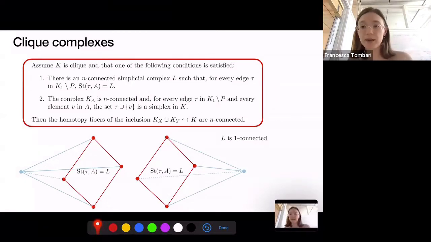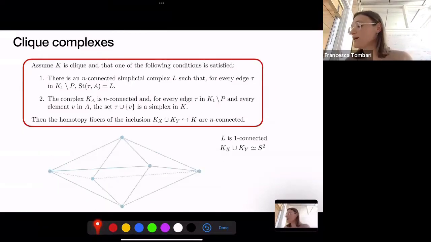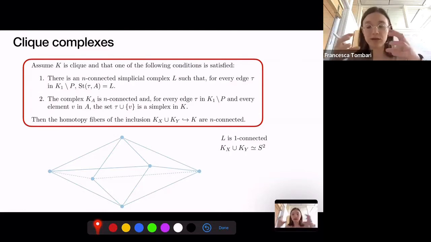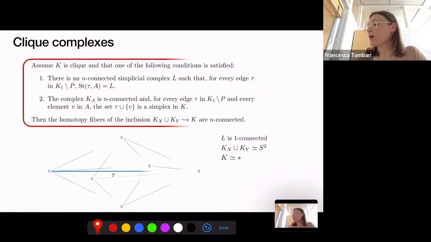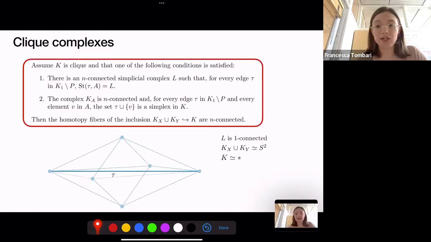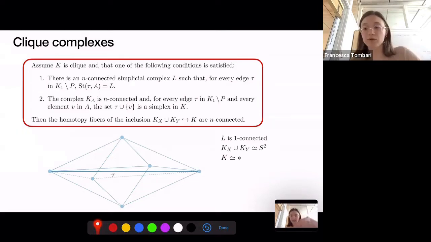And this is reflected by this example. Indeed, you may observe that the data-driven decomposition is obtained by regluing these two pieces, which is the boundary of the cross polytope this time, homotopically equivalent to S2. Whereas K, the initial simplicial complex, was a triangulation of the filled-in cross polytope, and so it was contractible.